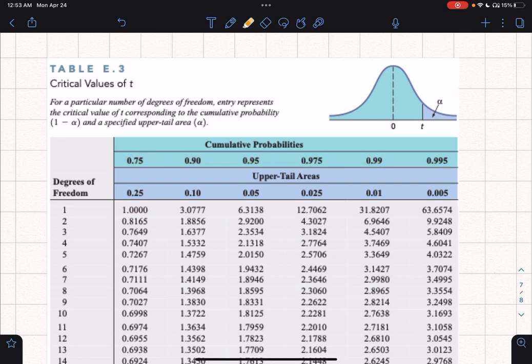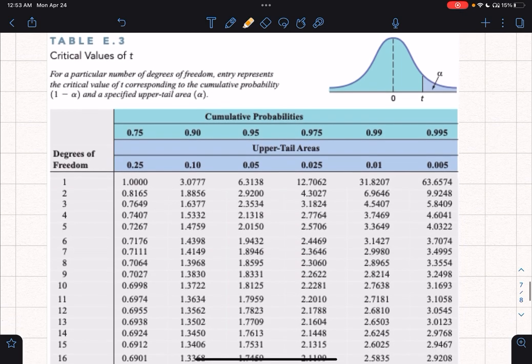And it's also giving us this blue area over here, which is called alpha. And that's what these represent. So this is going to be really useful for creating confidence intervals when we need to look up t-values.